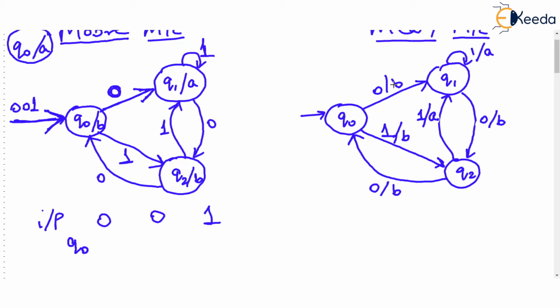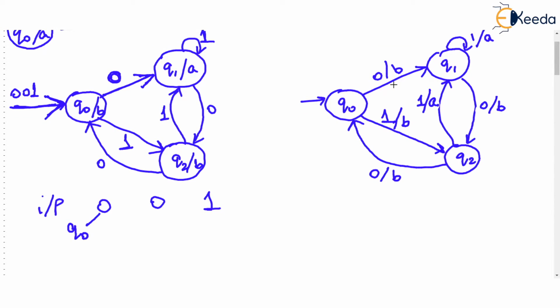I am showing Q0 before this 0 because it has not yet read the first symbol 0. So the machine starts in Q0, but as soon as it enters Q0, it produces output B. So this is the output row.